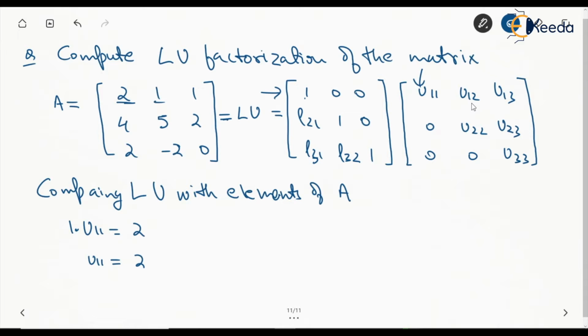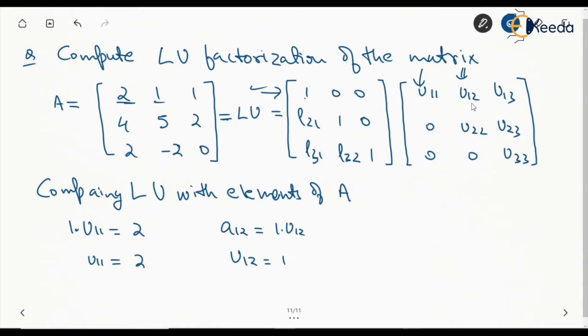So this is going to be first row of L and second column of U. So A12 is equal to 1 into U12, and that's it. Other elements are going to be 0. So we can say U12 is going to be 1 because A12 is 1.